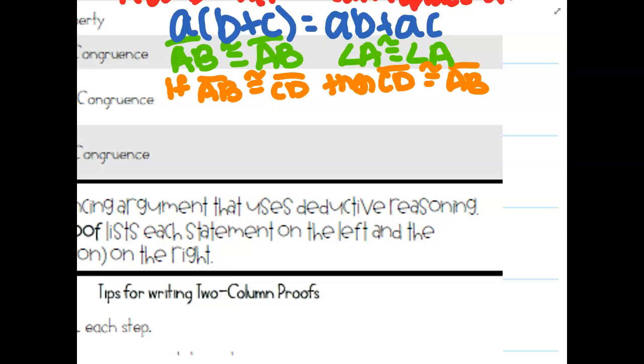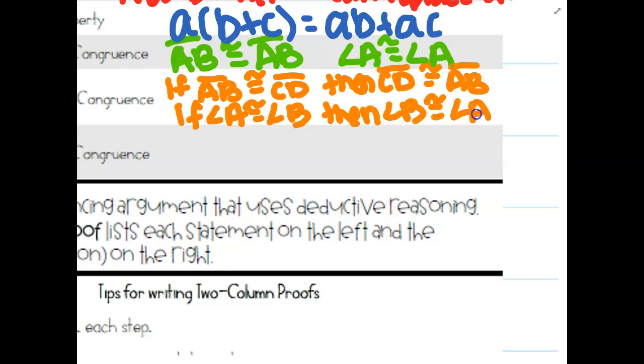Just like an equal sign, you can flip it around, it reads the same thing. And you can do the same thing with angles. So if angle A is congruent to angle B, then angle B is congruent to angle A.